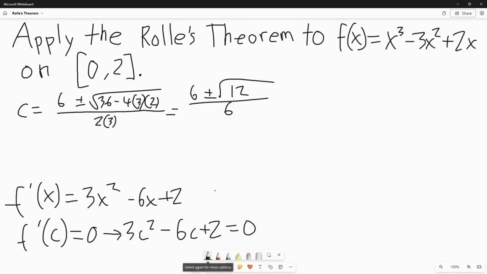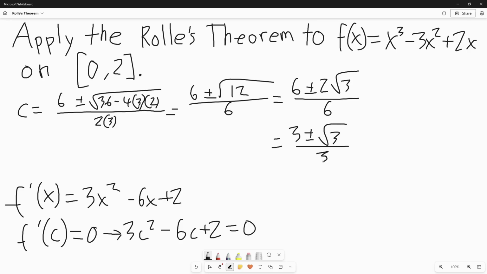And now we have 6 plus or minus the square root of 12 over 6, but we can factor out a 2 from the square root, and we get 6 plus or minus 2 times the square root of 3 all over 6, and factor out a 2 from everything, and we get 3 plus or minus the square root of 3 over 3. And that's our final answer.